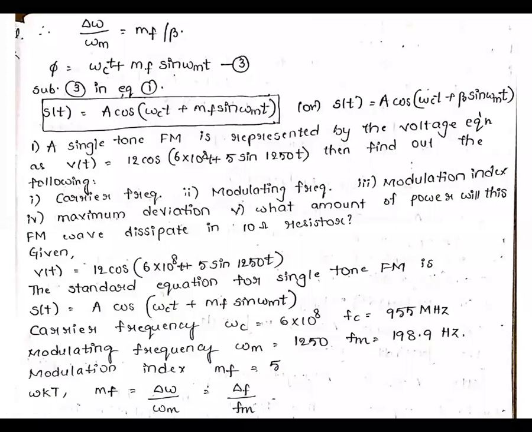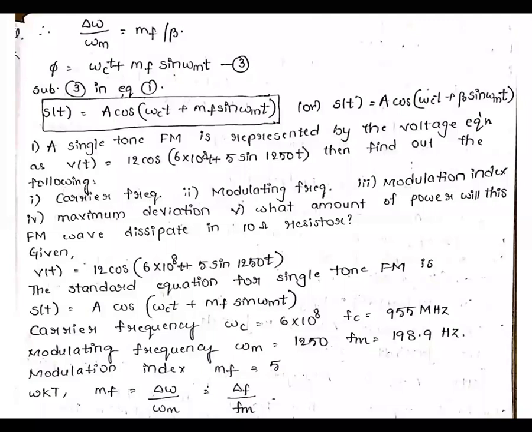Then find out the following: first, the carrier frequency; second, the modulating signal frequency; third, the modulation index; fourth, the maximum deviation; and fifth, what amount of power will the FM wave dissipate in a 10 ohm resistor.